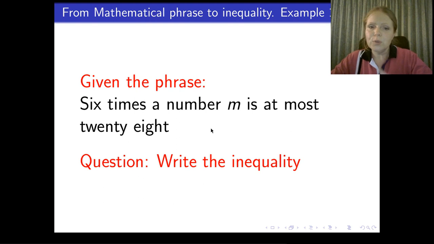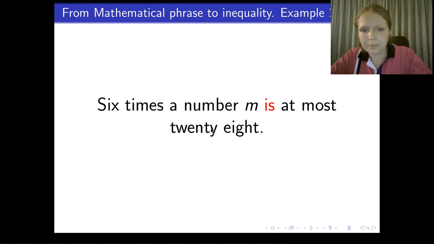For example, you are given the mathematical phrase: 6 times the number m is at most 28, and the question is to write the inequality which is related to this mathematical phrase. So let's see that phrase.